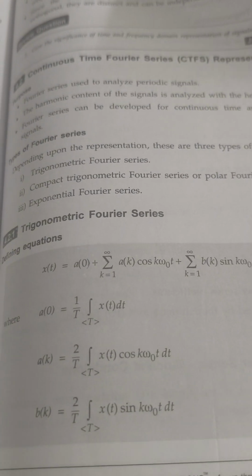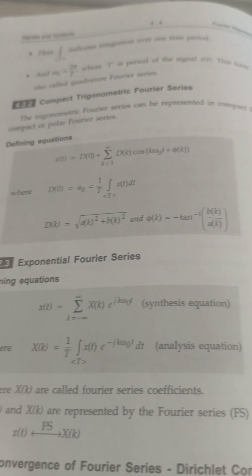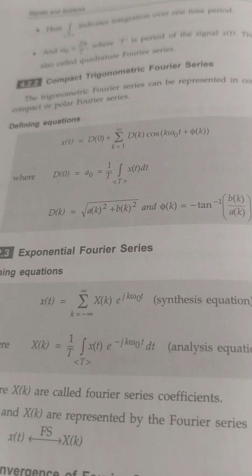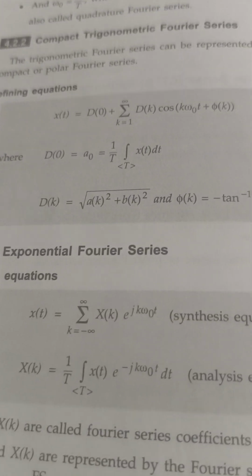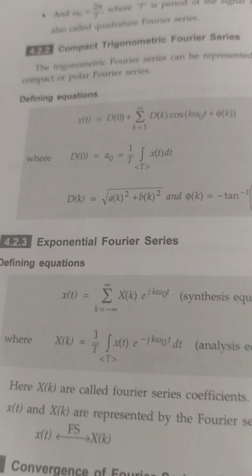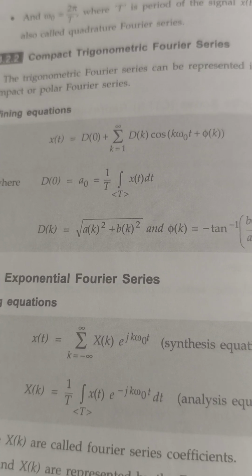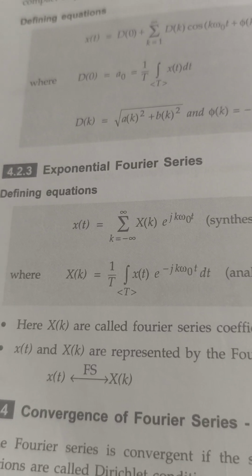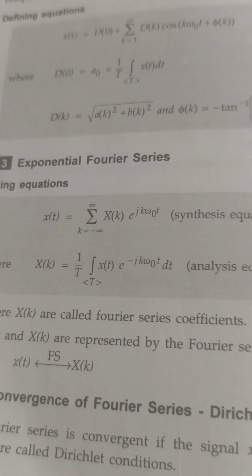Already in class we have discussed the trigonometric Fourier series with an example. Also with an example, we found the Fourier series for a signal using the compact trigonometric Fourier series. One more technique to find the Fourier series is the exponential Fourier series.